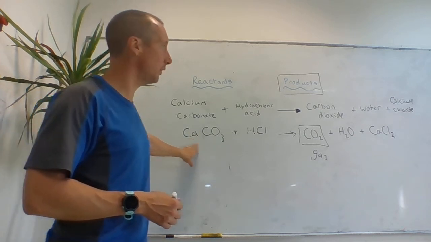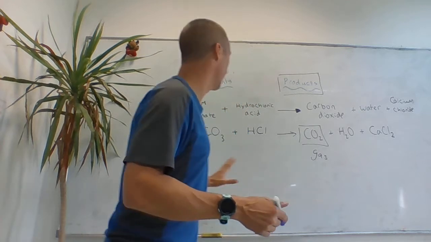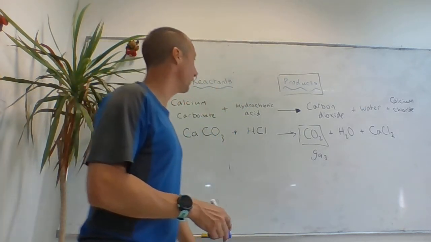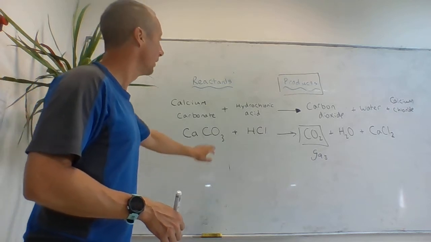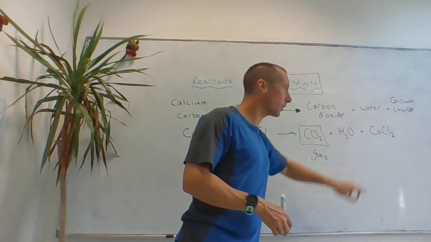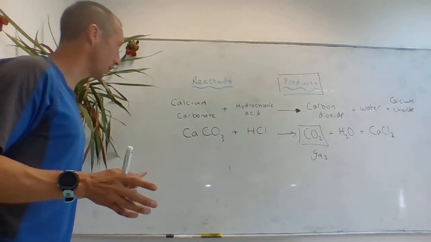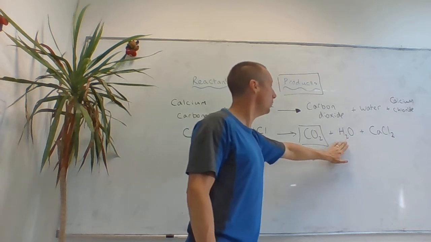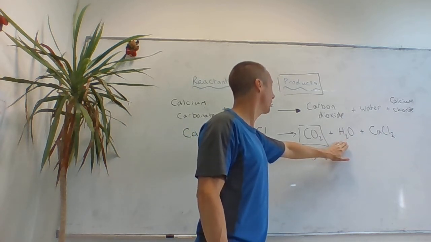1 calcium before, 1 calcium afterwards. That's fine. 1 carbon before, 1 carbon afterwards. That's fine. Okay. 3 oxygens before, 2 oxygens and 1 more oxygen, 3 oxygens after. So that's fine. 1 hydrogen before, 2 hydrogens afterwards.